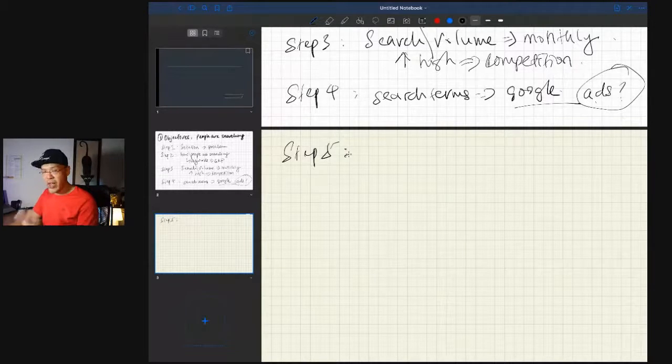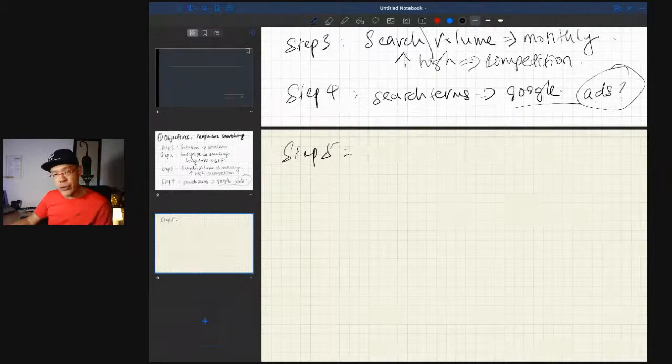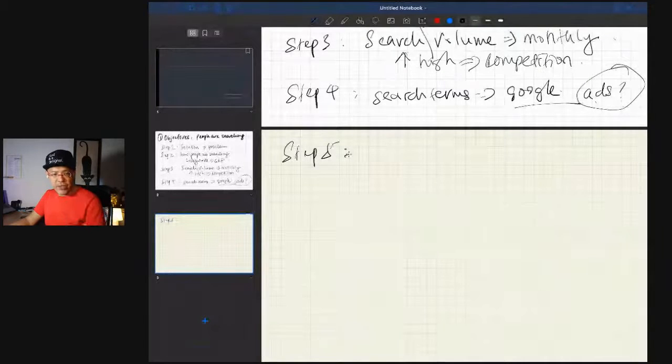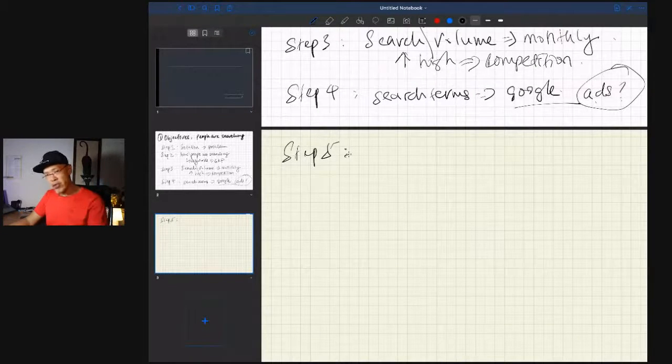So for example, for the keyword itself, how many pages in the world, or how many pages in the local context, bearing in mind that Google is very much localized. It will serve you search results that are based locally first.